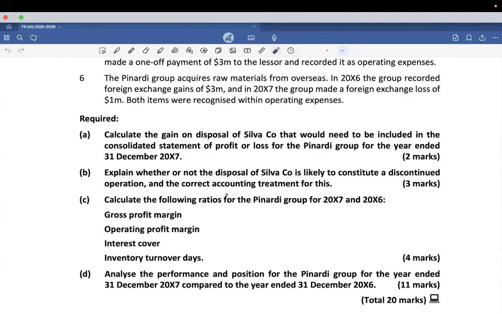C. Calculate the following ratios for Pinardi Group for 2007 and 2006: gross profit margin, operating profit margin, interest coverage ratio, inventory turnover ratio, days.